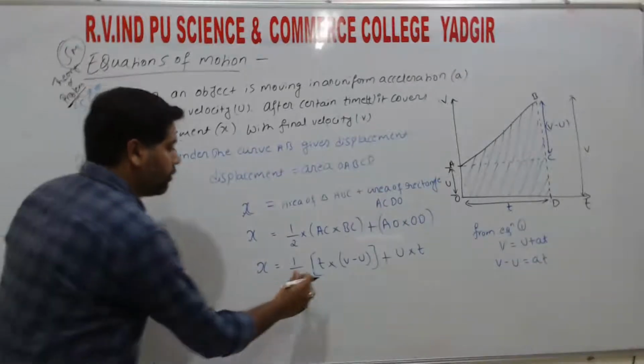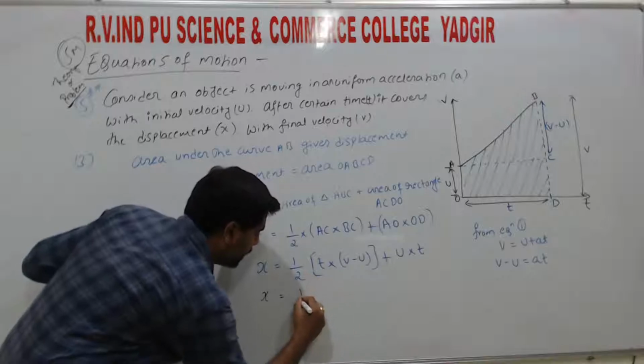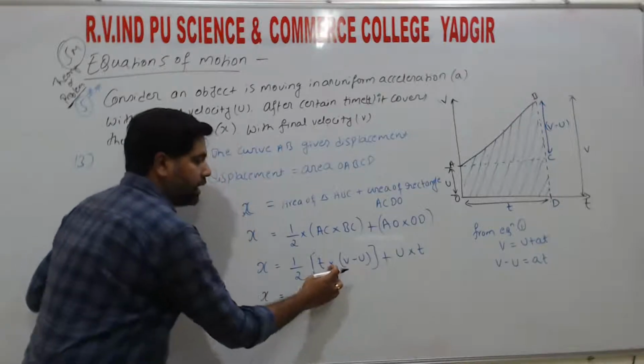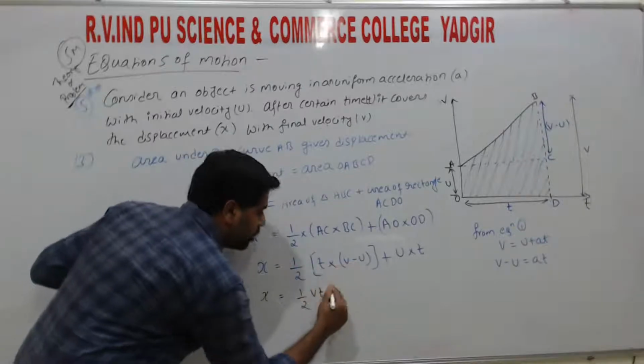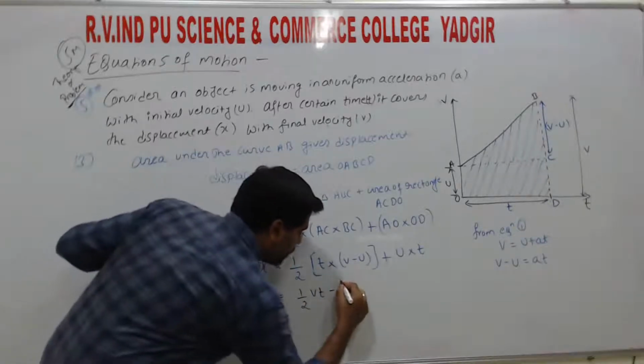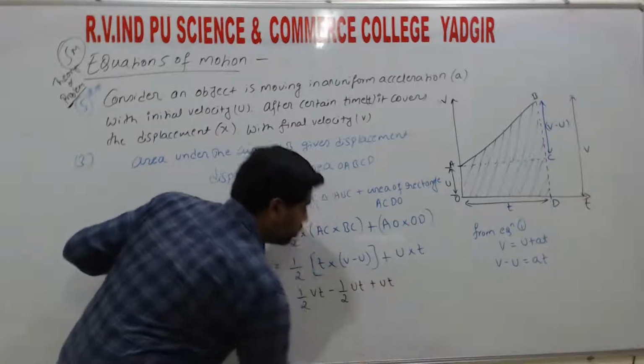So here multiply this term: x is equal to 1 by 2 t into V, that is Vt. So 1 by 2 t into minus U. So here we get minus 1 by 2 U into t plus Ut, right?